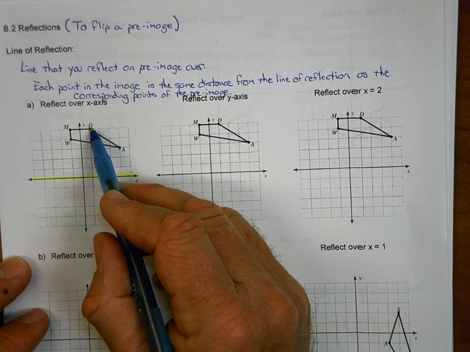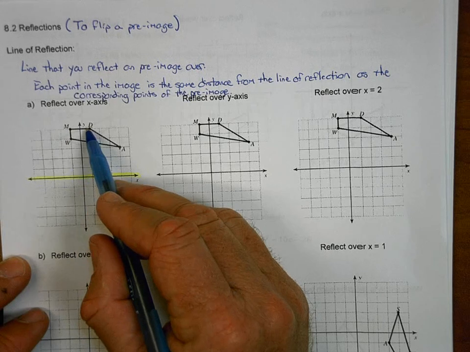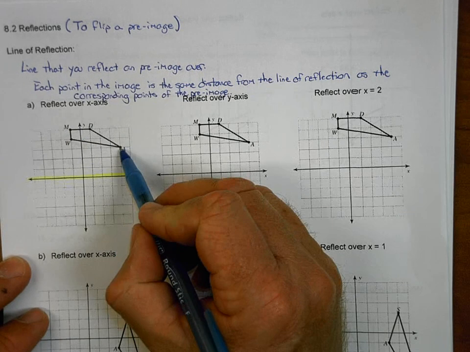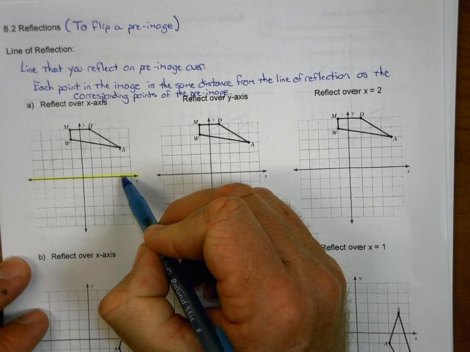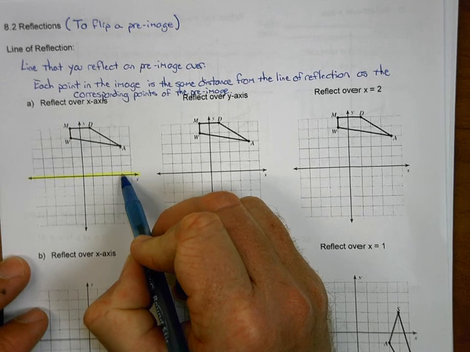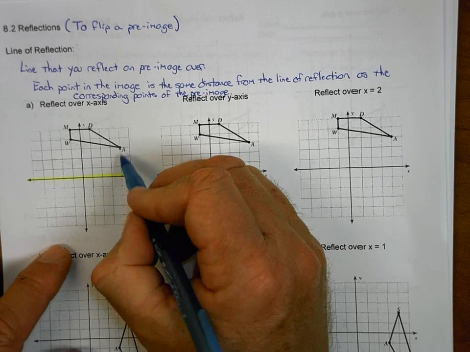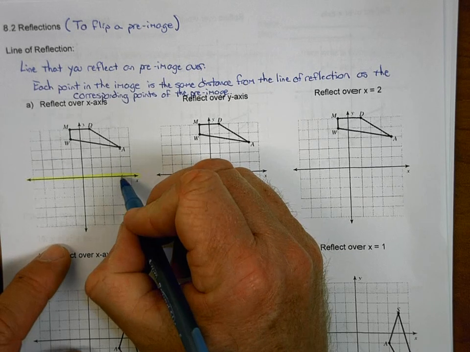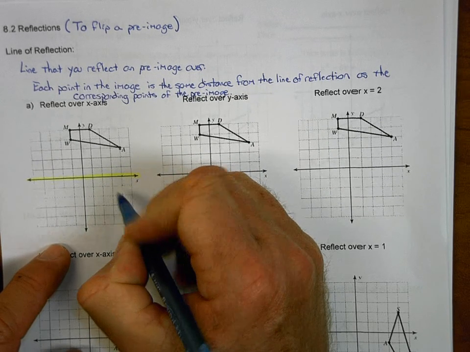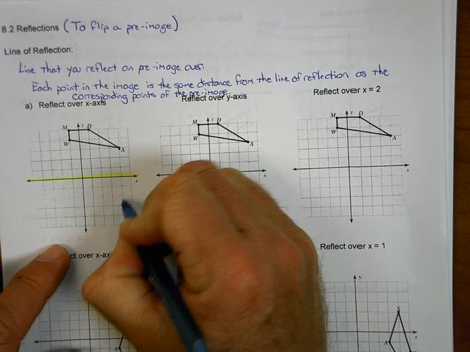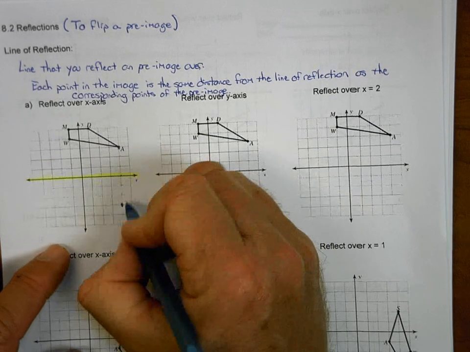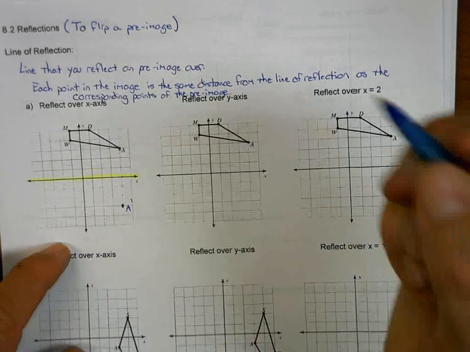Well, what we do is we key in on the vertexes, the corners of the shape. So if you notice, A is 1, 2, 3 spaces away from the line of reflection, which is the x-axis. So that means when I reflect it, A prime, which is going to be the image, has to be 1, 2, 3 spaces away from the line of reflection. So A prime would be right there.